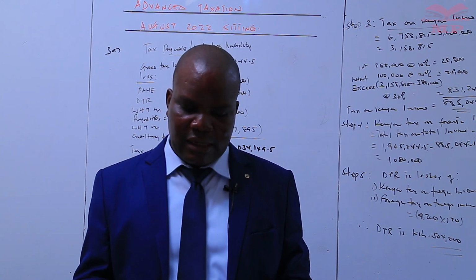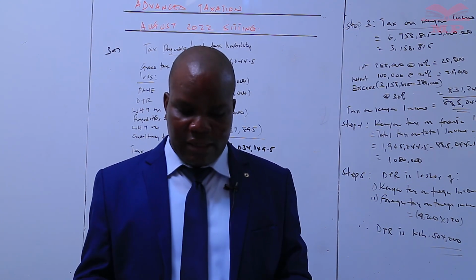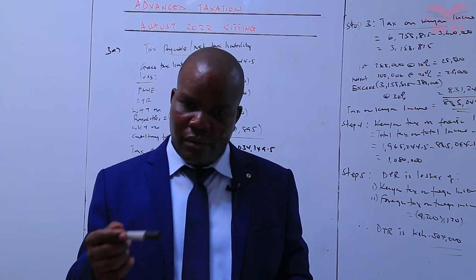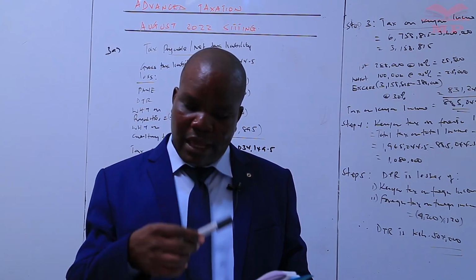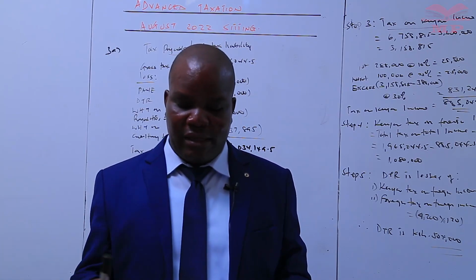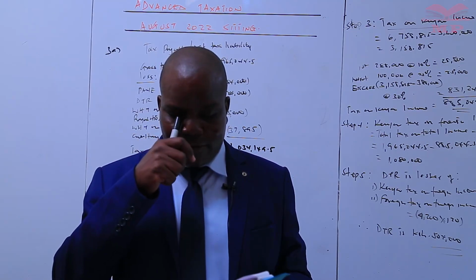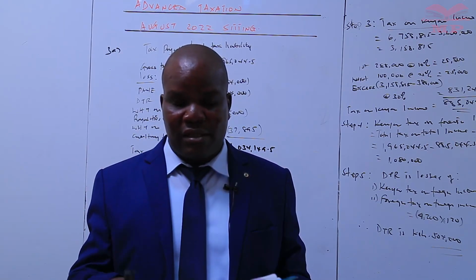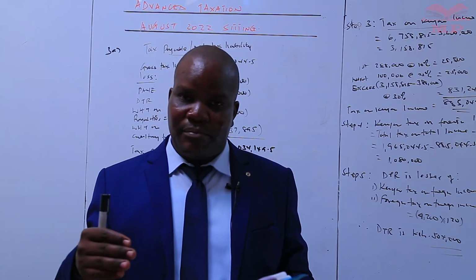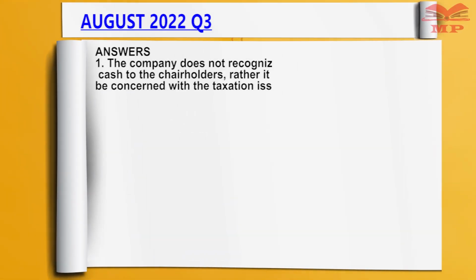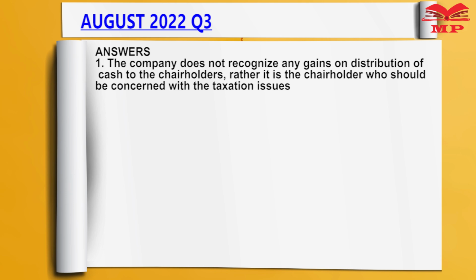Now, in case of a cessation of a company, that is, a company closing down its operations, such a company will have to pay its shareholders, of course, after paying the lenders, the creditors, and all that. So what are the possible tax implications if such shareholders are paid in cash so that they forfeit their shares? Number one is that the company itself does not recognize any gains on distribution of cash to the shareholders.